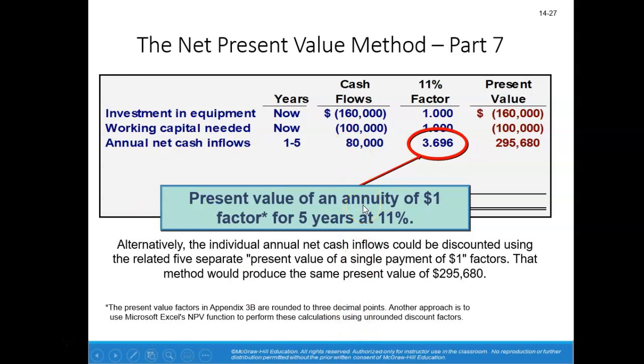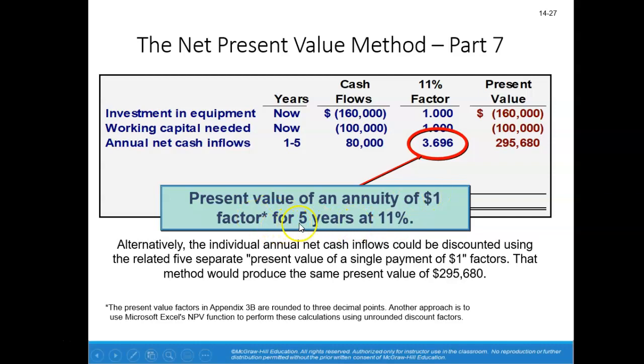An annuity is an equal amount to be received or paid over a specified period of time. So using your tables, you want to look up 5 years, that's the number of periods, and 11%, which is our discount rate, the rate we require on any investment.